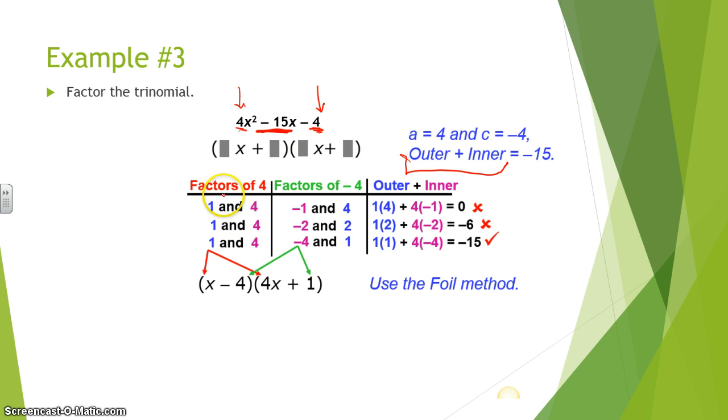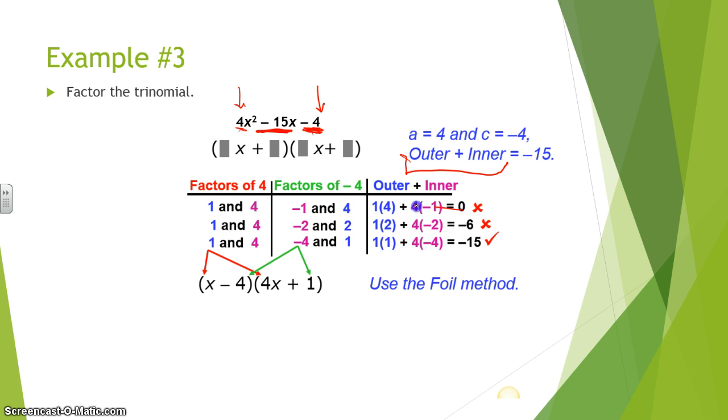So factors of 4, 1 and 4, factors of negative 4, notice there is a negative there in front of the 4, would be negative 1 and 4, negative 2 and 2, negative 4 and 1. So what they did is they took the outer plus the inner, so they took 1 times 4 plus 4 times negative 1.